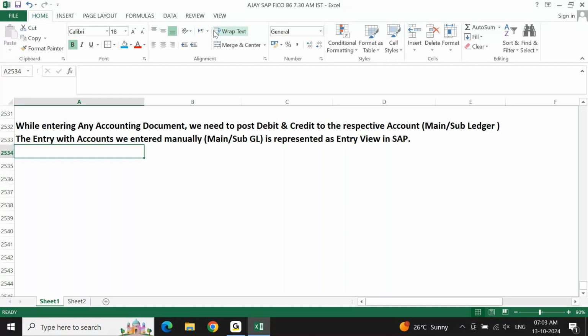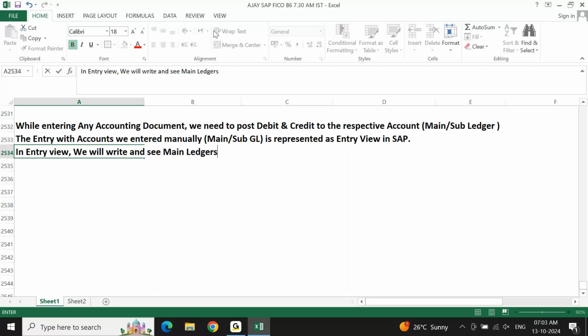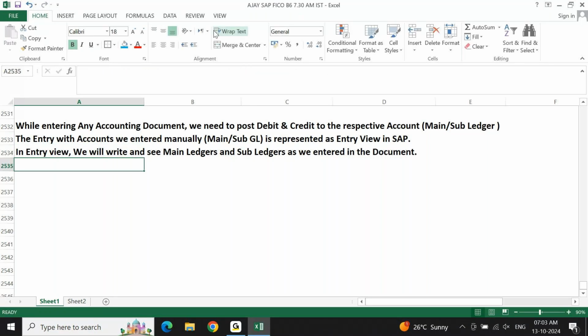Okay. Now, in entry view, we will see main ledgers and subledgers as we entered in the document.